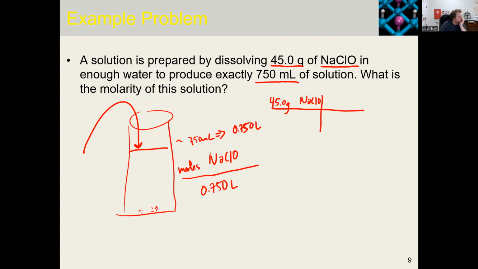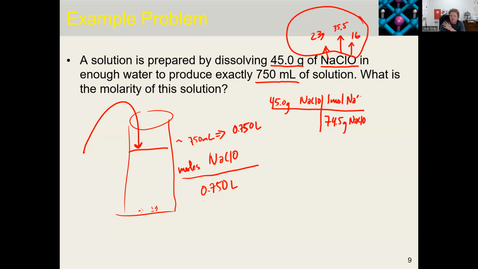Chlorine is 35.5. And oxygen is 16. So our total molar mass of these three things is 23 plus 35 is 58, plus 16 is 74. So we have 74.5 grams of NaClO is 1 mole of NaClO.